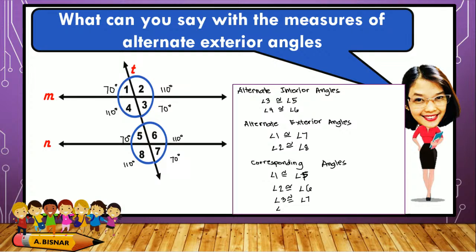And we have angle 4, which is congruent to angle 8. So this is the relationship among angles formed when parallel lines are cut by a transversal.